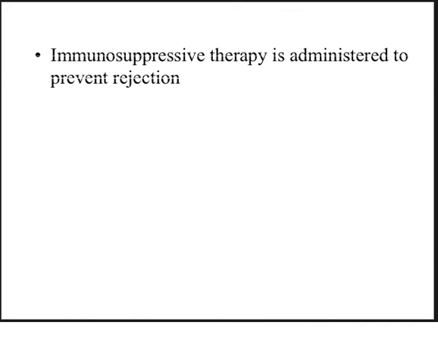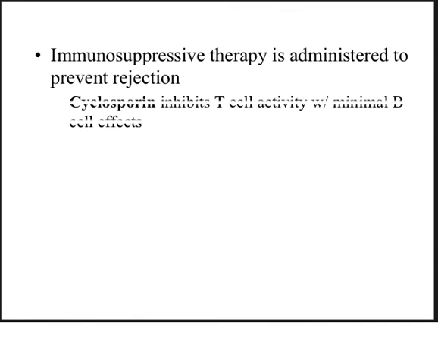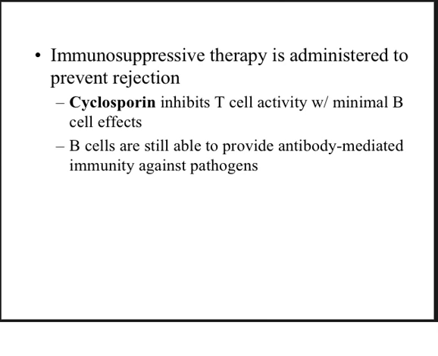However, we do have to engage in immunosuppressive therapy in order to sort of help the transplant along. Examples include cyclosporin, which inhibits T cell activity with minimal effects on B cells. The B cells are still able to generate antibody-mediated immunity against other pathogens as a result.